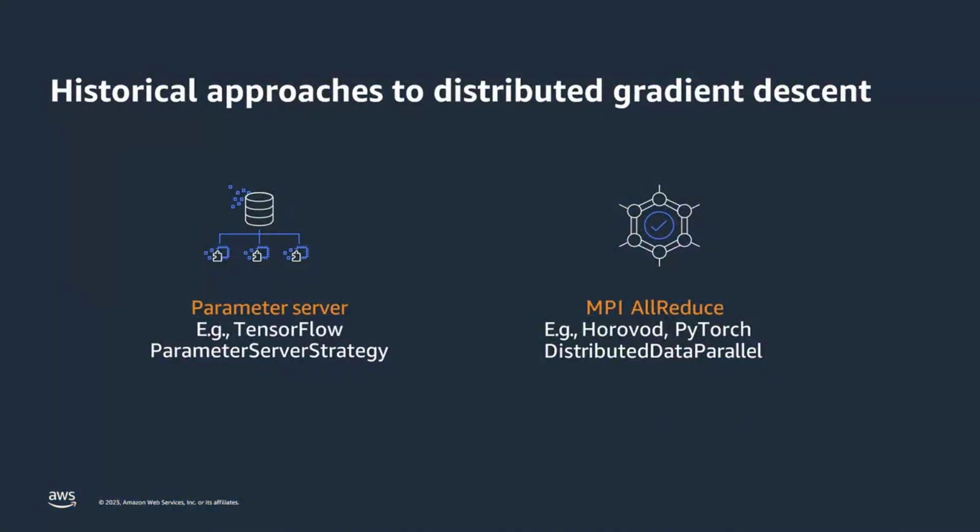Historically, there are 2 popular approaches. One is the parameter server, for example the TensorFlow parameter server strategy. And we also have MPI all-reduce, like Horovod and PyTorch distributed data parallel.